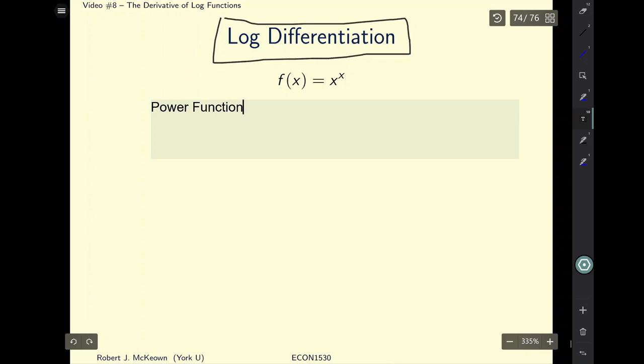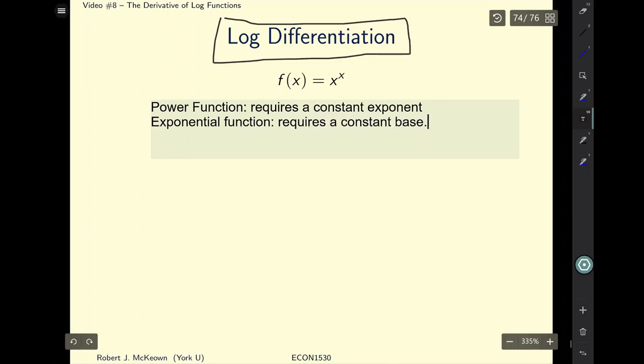A power function requires a constant exponent.